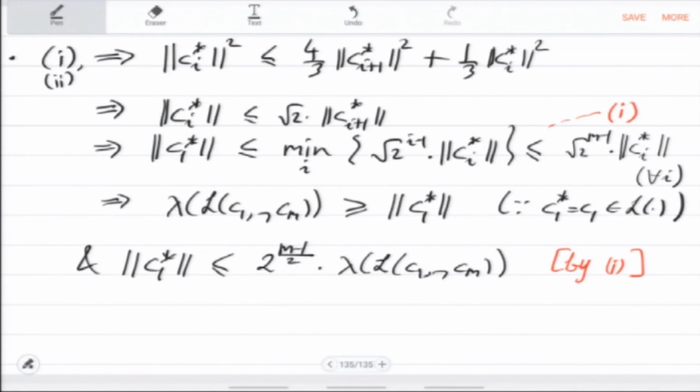Right. So all in all, it implies that C1 is in the lattice and it estimates the shortest vector well by this factor.